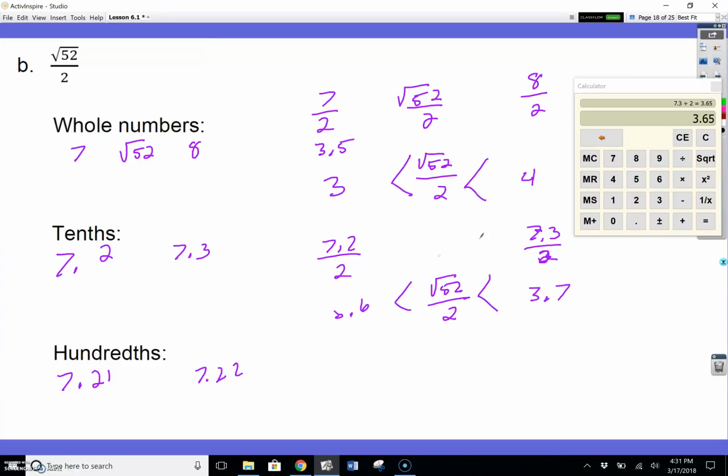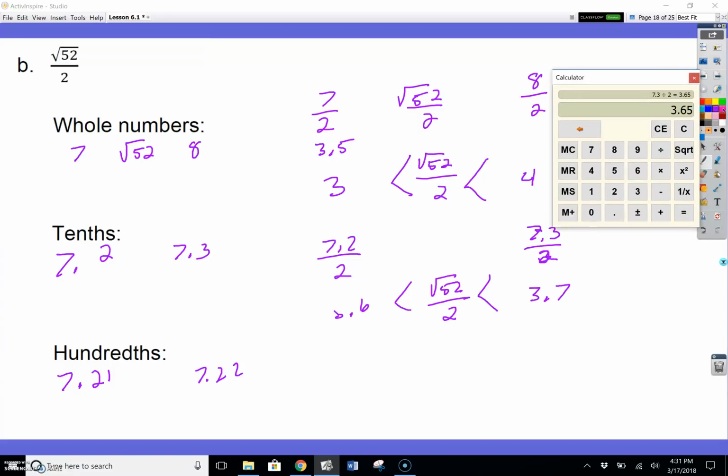All right, so now the last one, we're going to round it to the nearest hundredths. So when I round it to the nearest hundredths, I'm going to have 7.21 divided by 2, and that's going to be 3.605, and we'll round that to 3.61. And if I do 7.22 divided by 2, we're going to get 3.61.